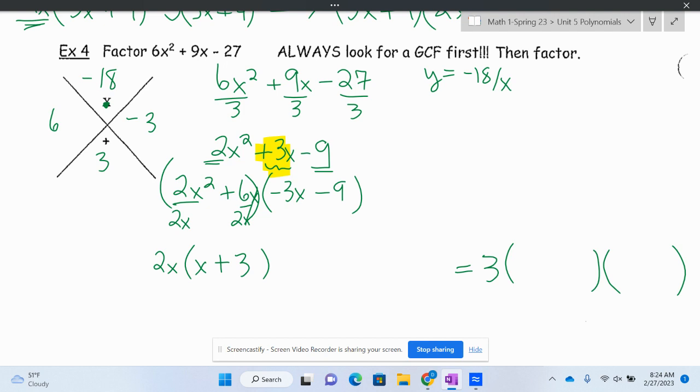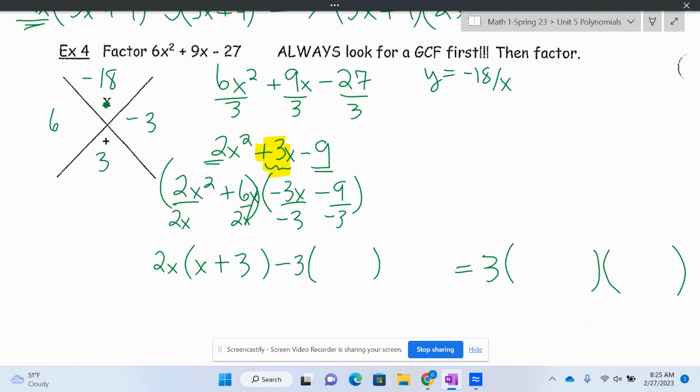So what can I take out of the last term, the last grouping? A 3. Are both my terms negative? So if both my terms are negative, I want to take out a negative. So we're going to take out a negative 3, okay? So negative 3 times, let's see what's left over. Negative 3x divided by negative 3.